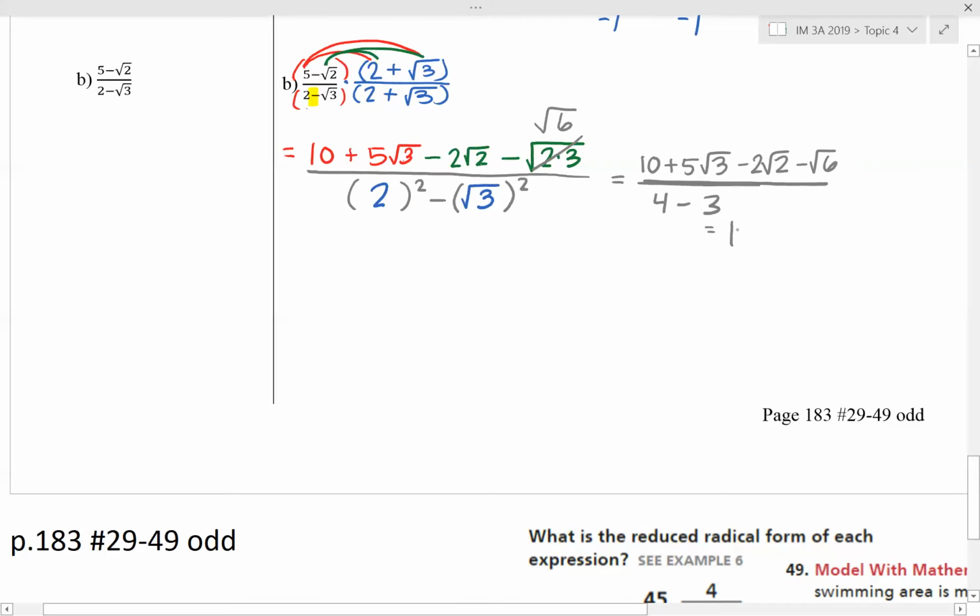So that means that my denominator can go away because I don't need to write a denominator of 1. So again, if that was a number where I could reduce things, I would split everything up. But since it's a 1, I can just drop it. And my answer is 10 plus 5 radical 3 minus 2 radical 2 minus radical 6.